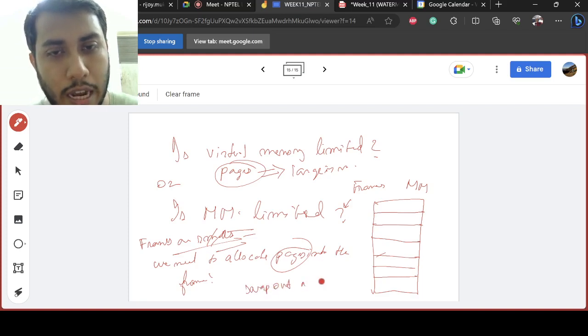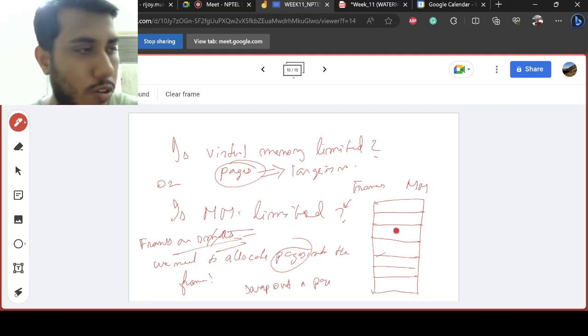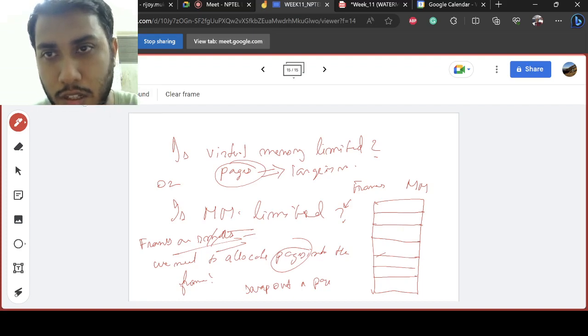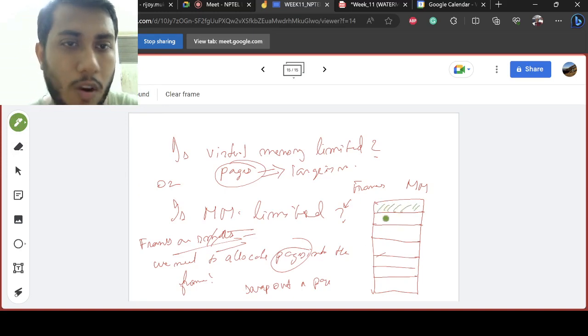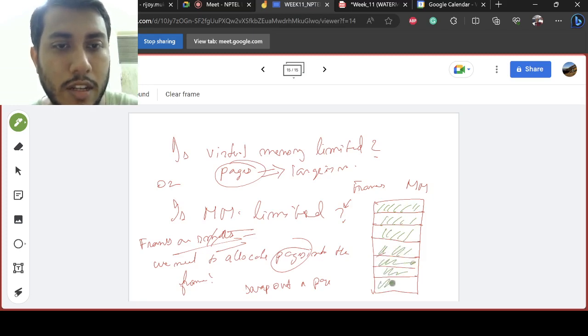So as a result, you need the concept of swapping out a page. So let's say currently all of the frames are full here. They are not empty, they are occupied by some page.